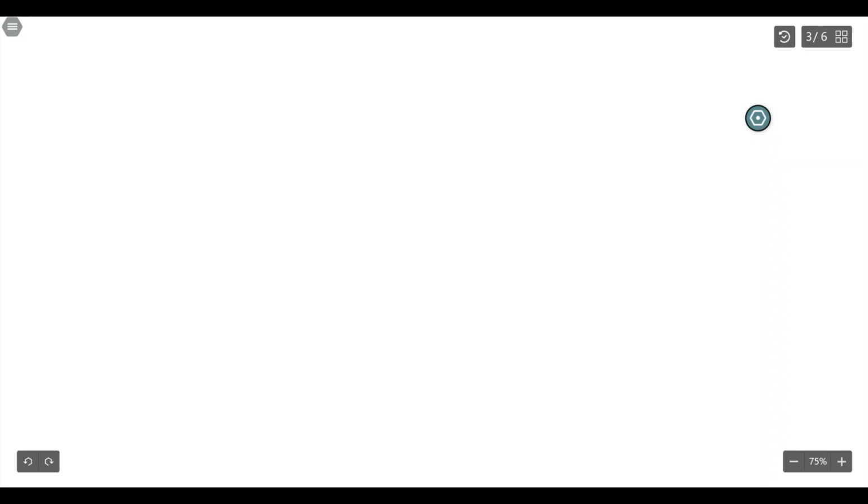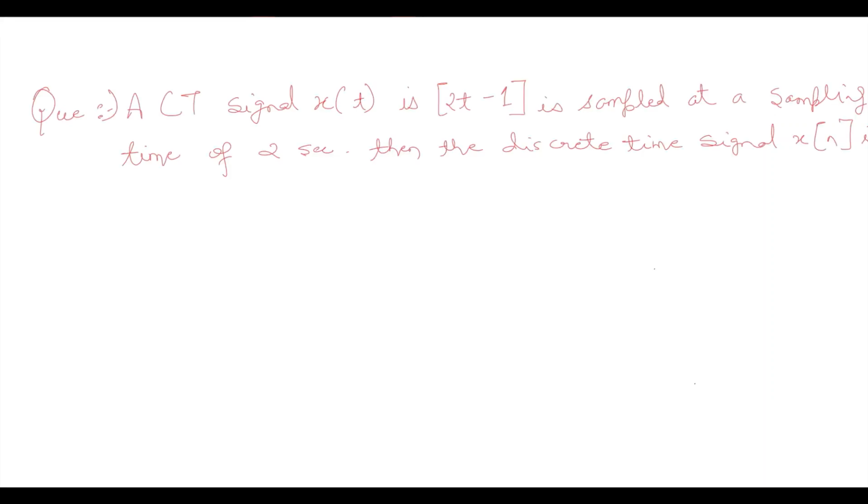we try to solve a question on sampling. Okay, so here a question on sampling is given: a continuous time signal x of t is 2t minus 1, which is sampled at a sampling time of 2 seconds.